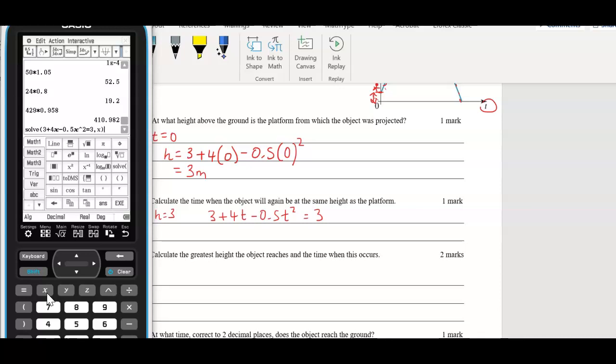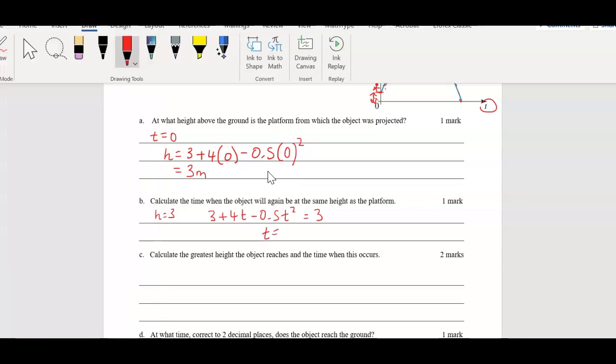So you do need to put t. You'll notice we've got 2 solutions: x equals 0, which is what we had when the person was standing on the platform, and the other time is x equals 8. So we do need to write t equals 8, which is 8 seconds. Leaving it as t equals 8 is also fine. You don't have to write 8 seconds.